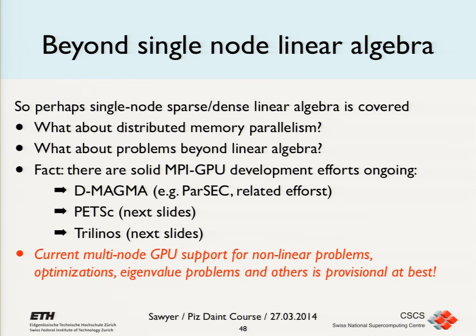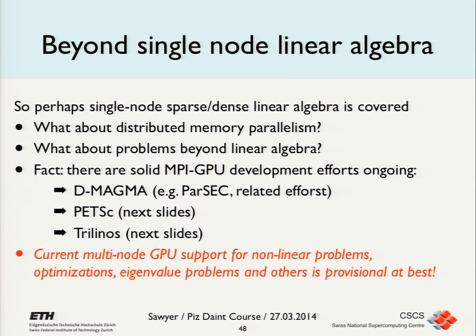I have to say, though, the current multi-node GPU support is provisional at best. A lot of good development has to go on. We don't even have these two, there are development versions of these two libraries with GPU support. However, they're not installed on Piz Daint currently.